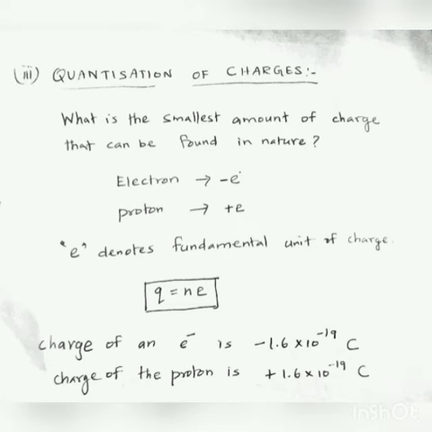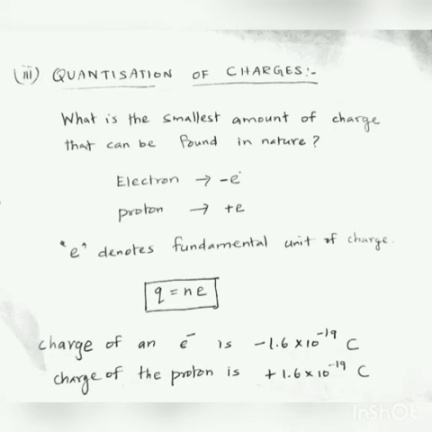So electron is a negatively charged particle, proton is a positively charged particle. Here minus e denotes the electron, plus e denotes the proton, which means only the type of charge is different. Electron is negative, proton is positive, but the magnitude is the same. Here e denotes the fundamental unit of electric charge.